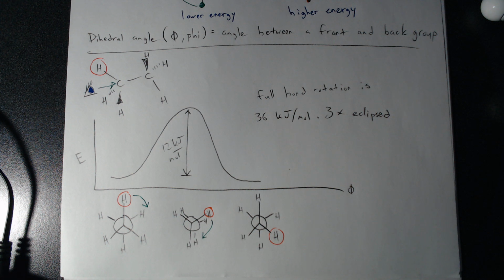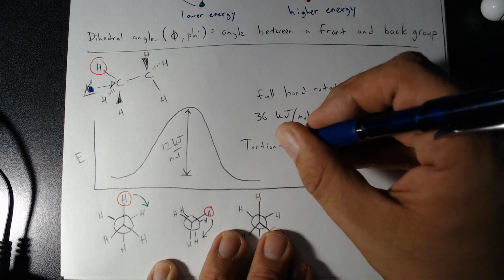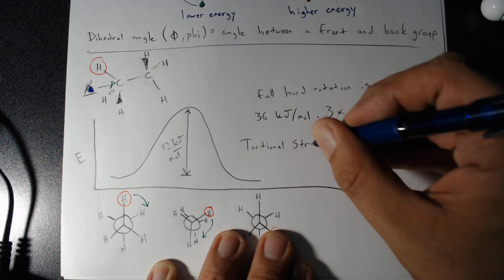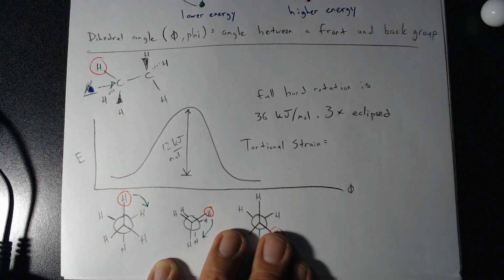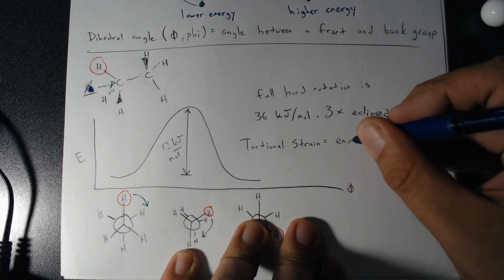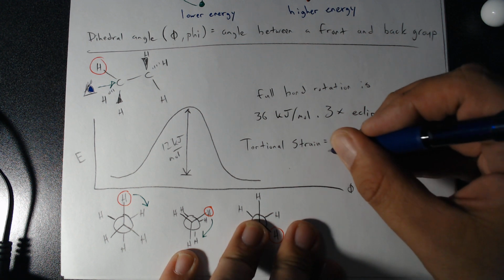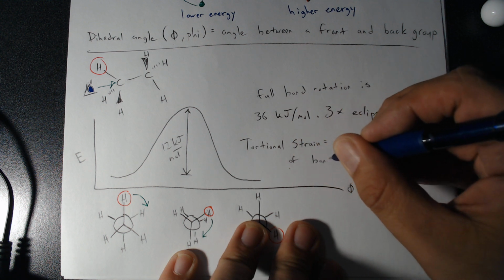All right, so the energy of bond rotation is referred to as the torsional barrier or torsional strain. So torsional strain is basically the energy barrier of bond rotation.